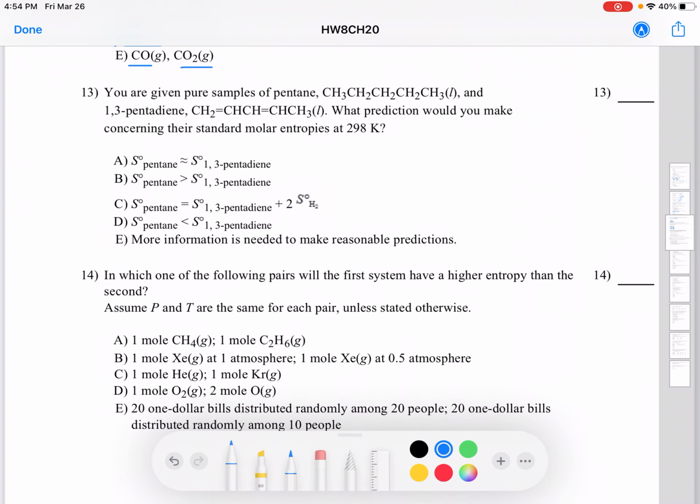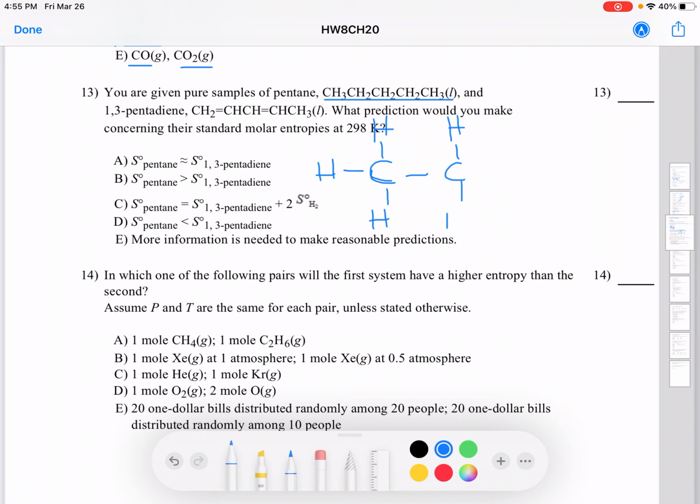Number 13, you are given pure samples of pentane and 1,3-pentadiene. What prediction would you make concerning their standard molar entropies? So this one, CH3CH2, if you expand this molecule to see how it's been connected, they have bonds like that.